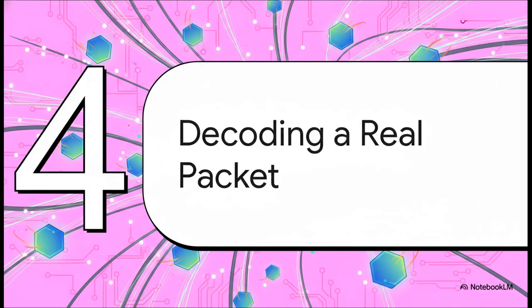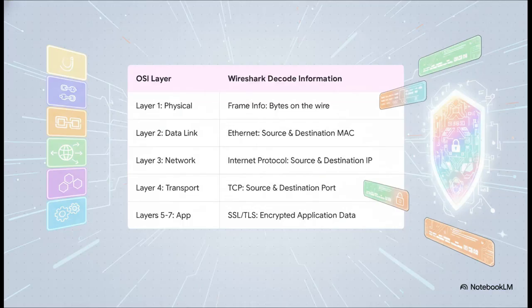Okay, that's a lot of theory, I know. But how does this all look in the real world? What does it look like when a real piece of data is actually flying across your network? And here's where it all clicks into place. This is a snapshot from a tool called Wireshark, and it's looking at a real data packet. And check this out, it lines up perfectly with the OSI model. Down at the bottom, you can see the raw bytes on the wire. That's layer 1.